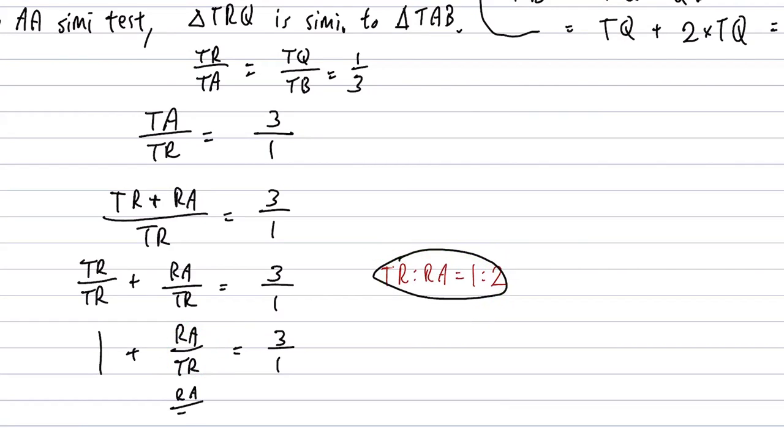Then RA over TR must then be equal to 3 minus 1, which is 2, or 2/1. Which implies that if you flip it around, TR over RA becomes 1:2, which means that TR is to RA has a ratio 1:2. And then we are done. Next question.